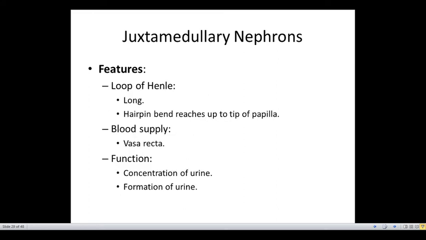The loop of Henle in these juxtamedullary nephrons is long, and the hairpin bend, the U-shaped bend, reaches up to the tip of papilla to the inner medulla. Their blood supply is from the vasa recta, and the function is mainly the concentration of urine along with the formation of urine, understandably.